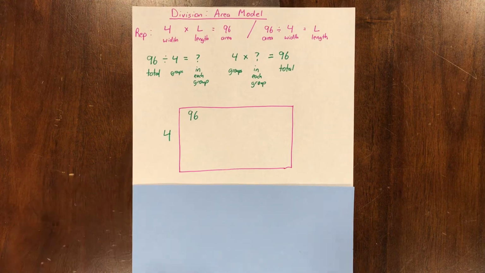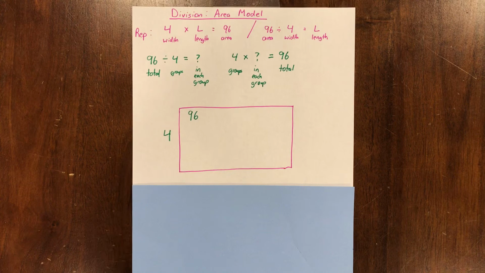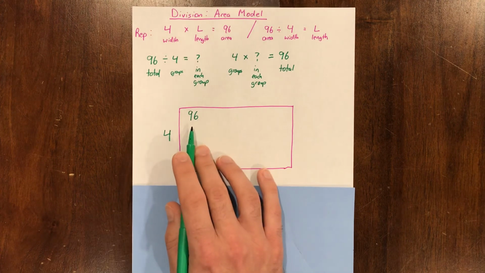All right, so when we use the area model for multiplication, did we try to multiply everything all at once? And if not, what do we do instead? Go ahead and say it out loud. Yeah, we used place value, right? And we multiplied each place in our factors. And so we're going to think about place value here too. So what is the largest place value we have in our dividend or our total here?